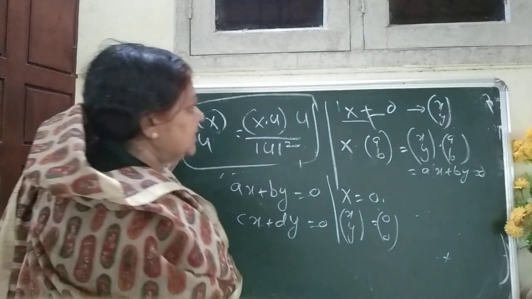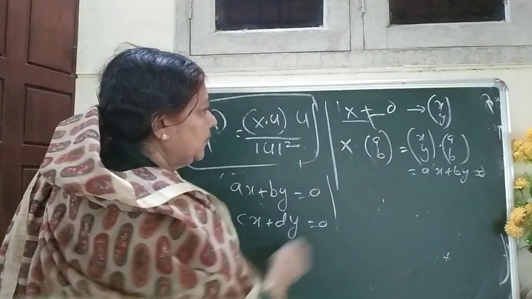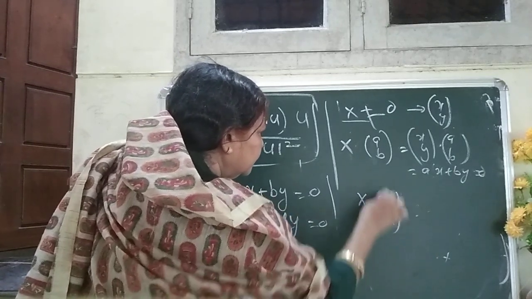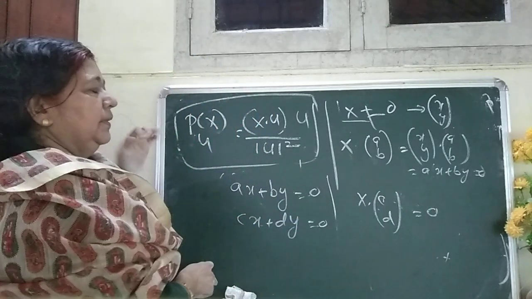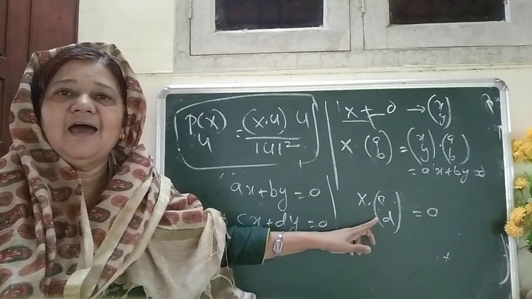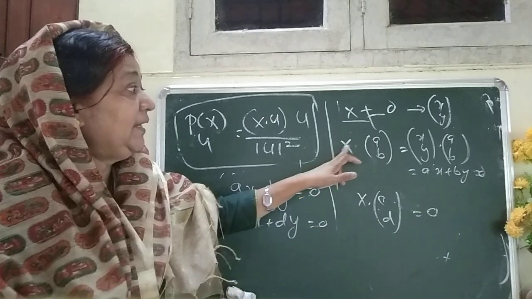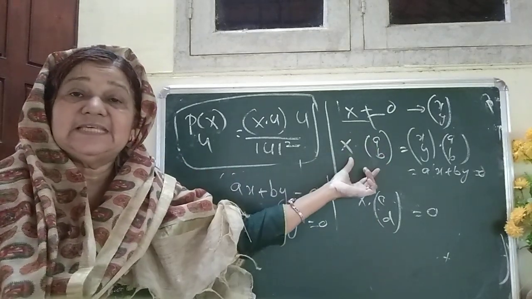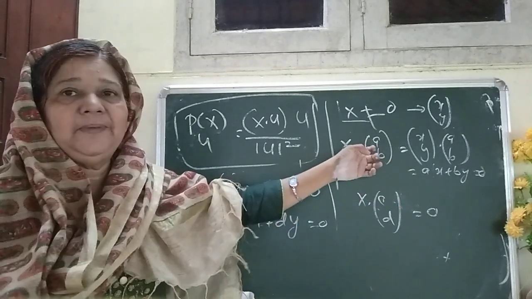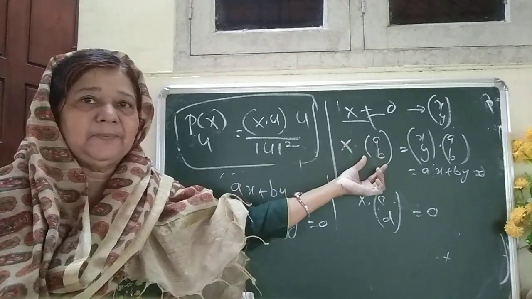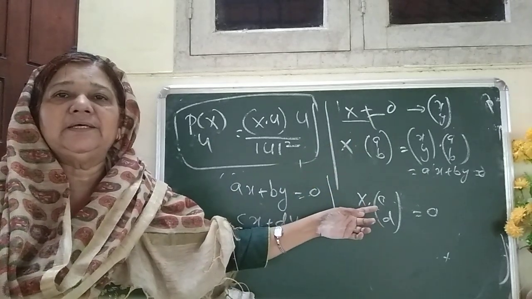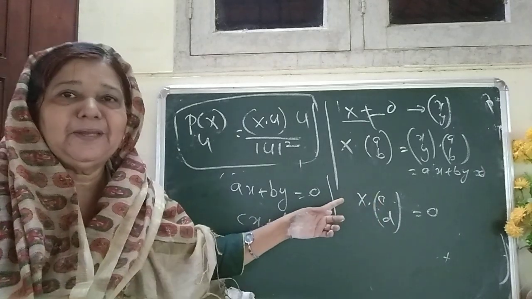Similarly, x dot (c, d) is also 0. Therefore, the vectors (a, b) and (c, d) are perpendicular to x. We know if two vectors are perpendicular, their dot product equals 0.